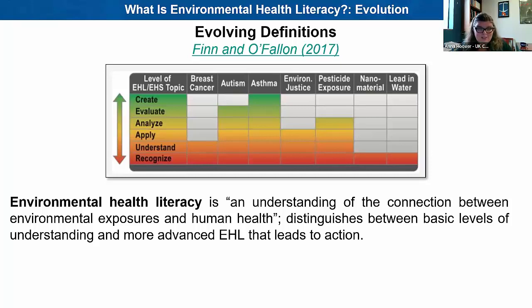Some of us working in the field said, well, that's nice, but that sounds an awful lot like the initial health literacy. It sounds an awful lot individually focused, and we didn't feel like there was necessarily that action component front and center as in the work that we did.